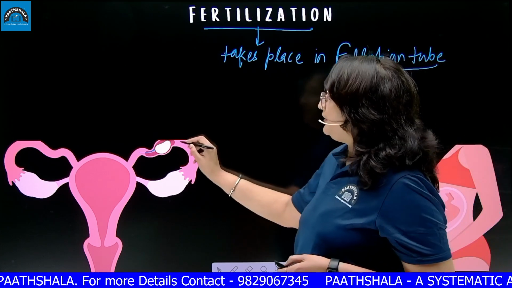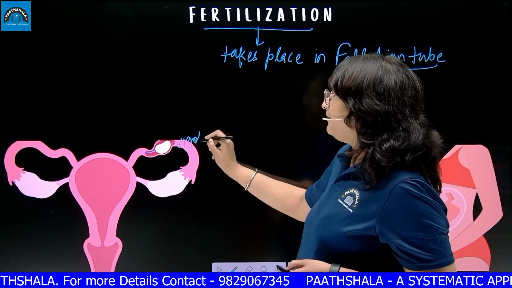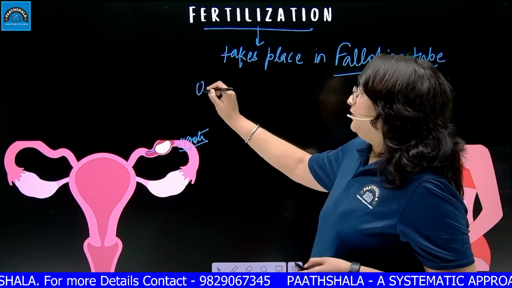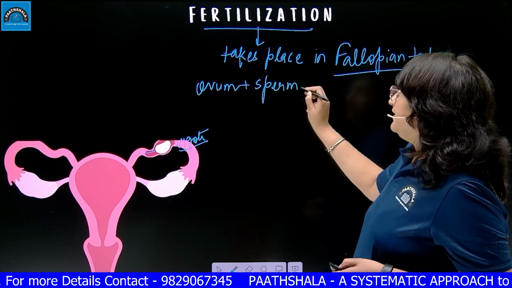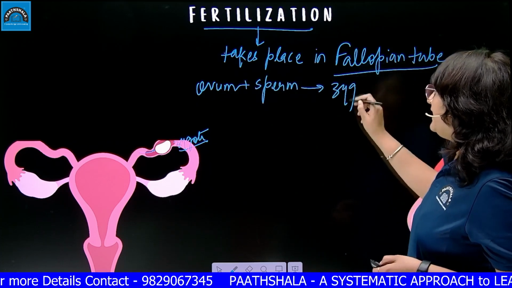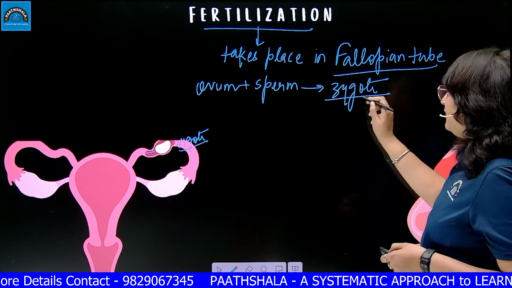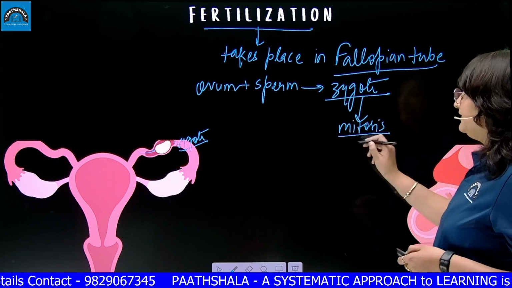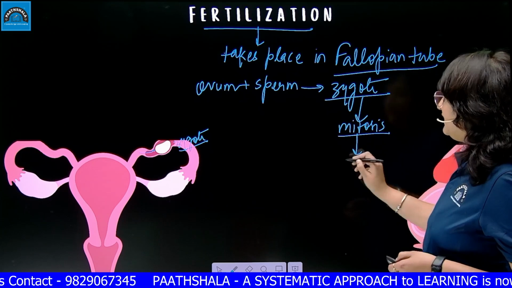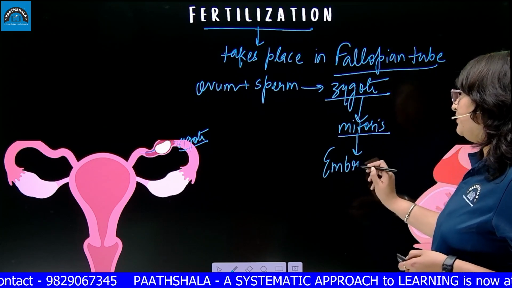In the fallopian tube only, the zygote will form. Ovum plus sperm develops into zygote. This zygote will undergo mitosis, repeated cell division. Because of mitosis, it will develop into an embryo.